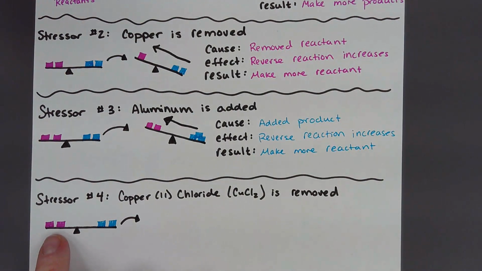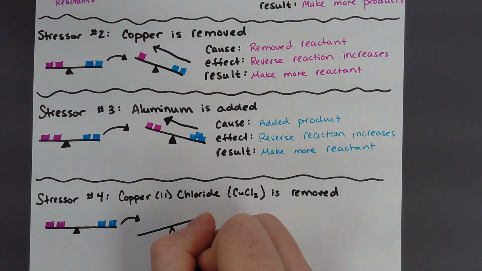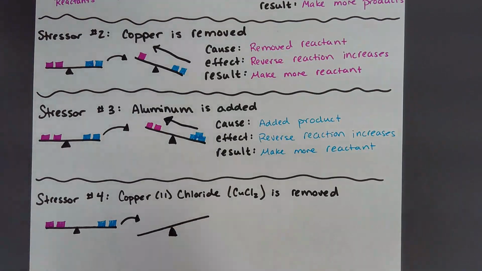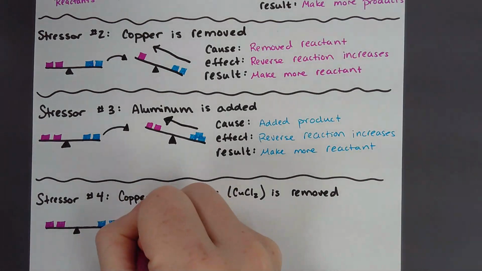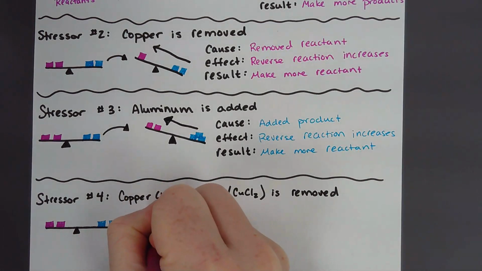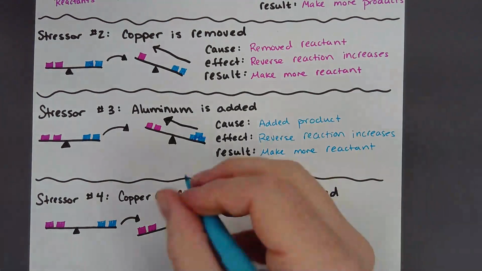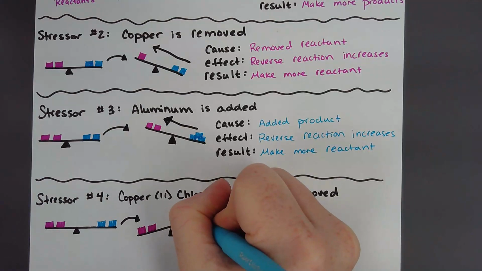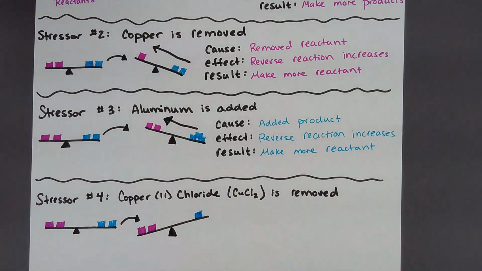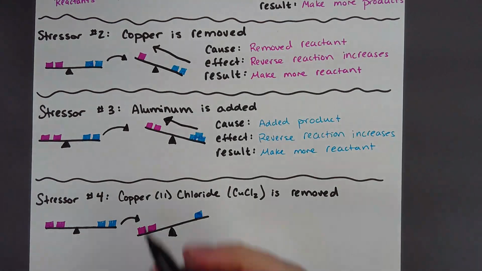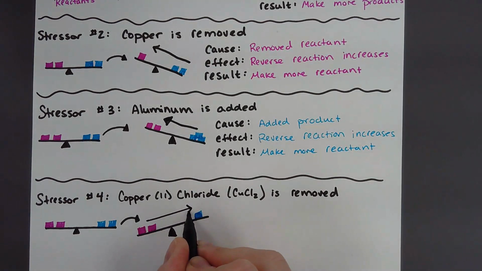So I'm going to have 2 on the left, 1 on the right, which means I am heavier on the left. Okay, teeter-totter, if I wanted to climb it, climbing up, going this way.